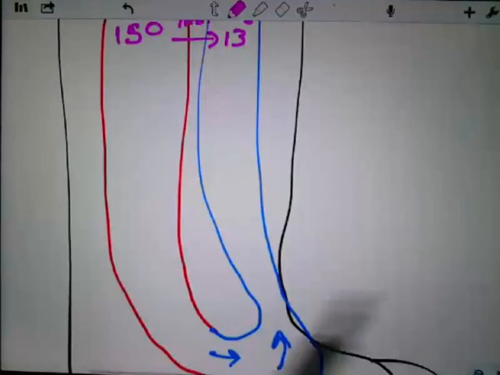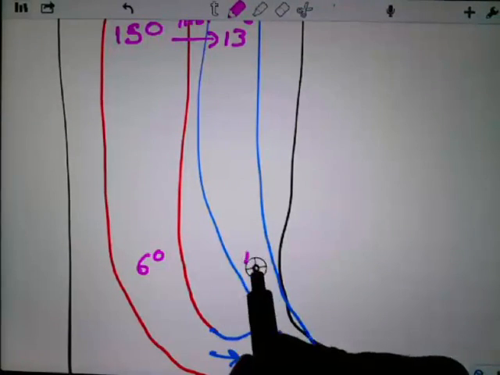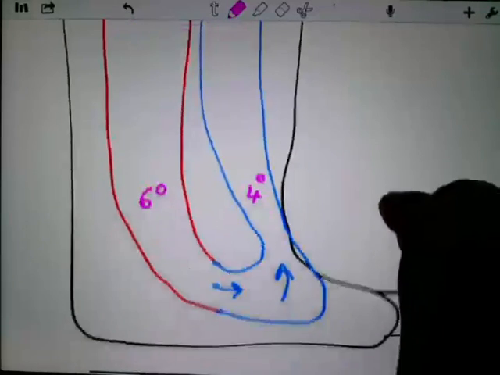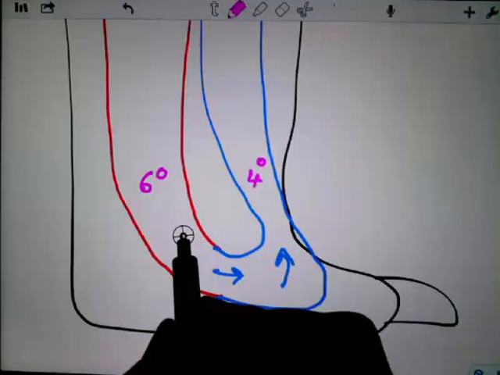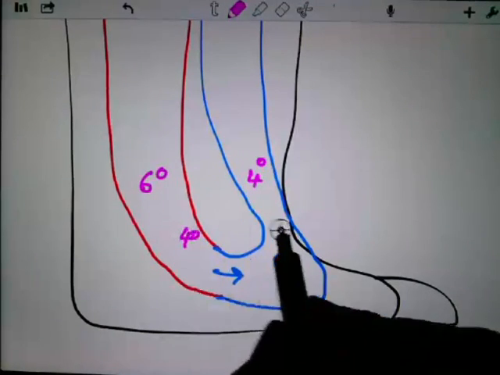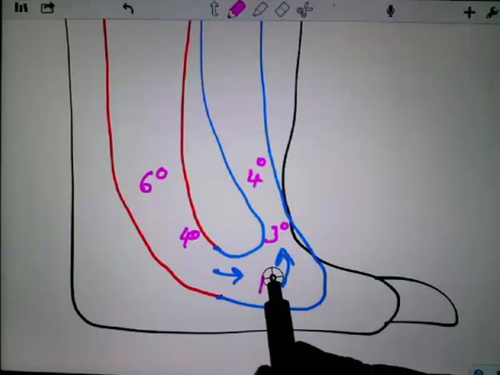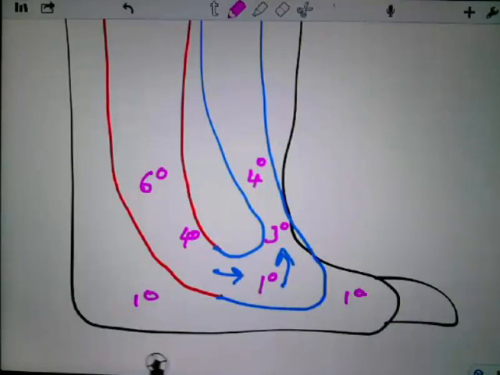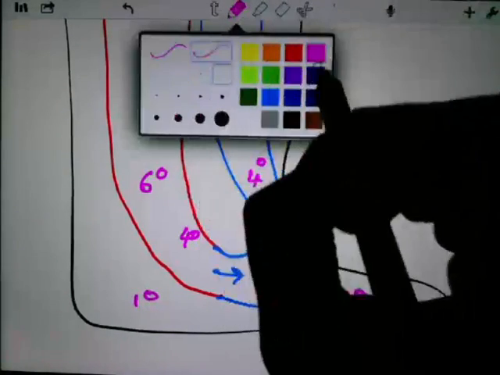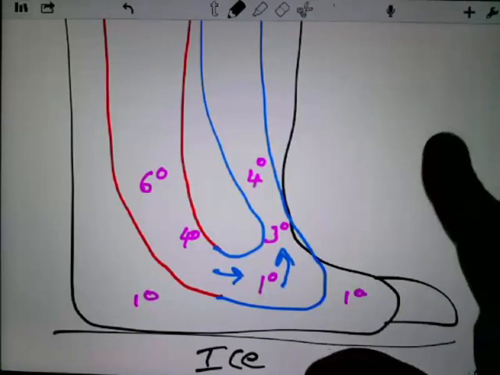By the time we're down near the foot, we might be at 6 degrees and 4 degrees, and down here at maybe 4 degrees and 3 degrees, and down at the foot we might be just barely above freezing if our dog is standing on ice.